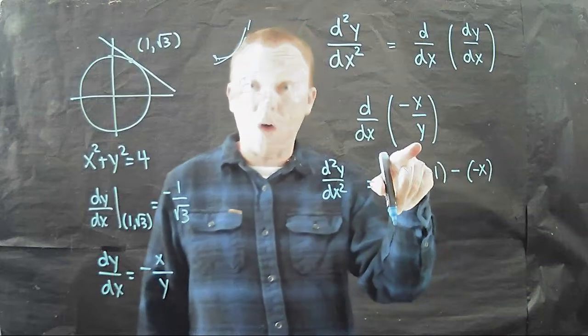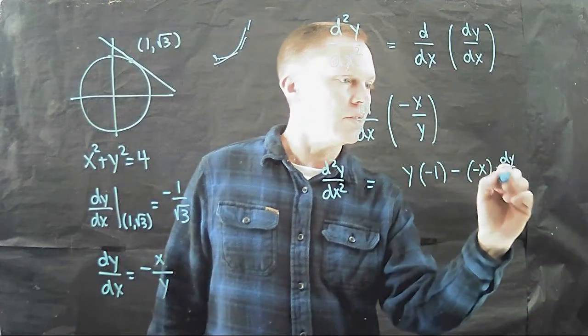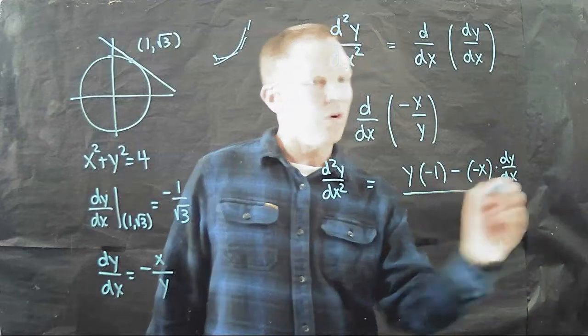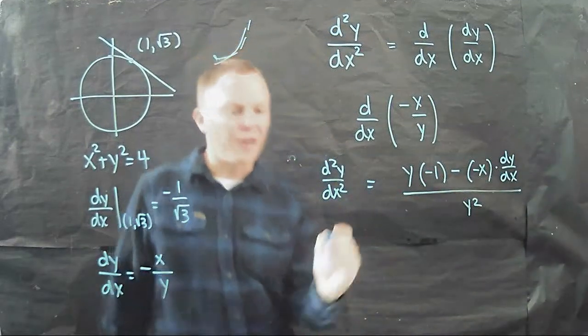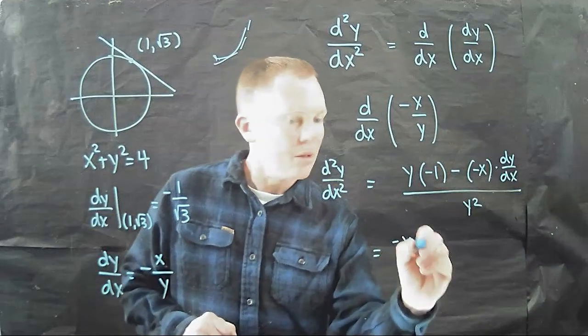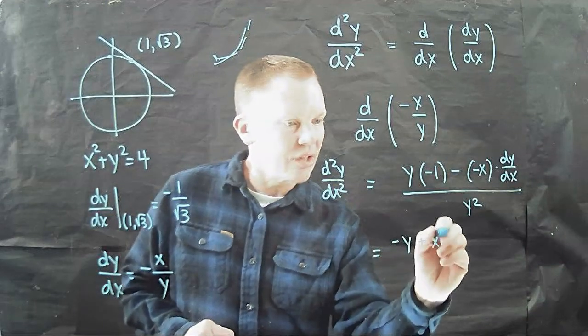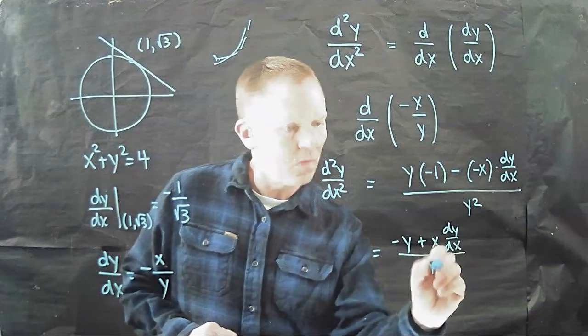What's the derivative of y with respect to x? Oh, it's dy dx. Over low squared. Now if I clean this up just a wee bit, I'm going to get negative y plus x times dy dx over y squared.